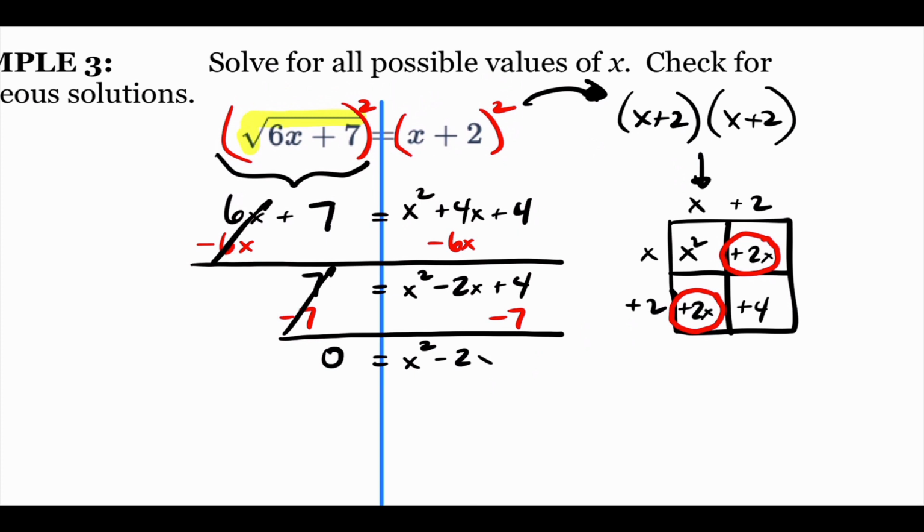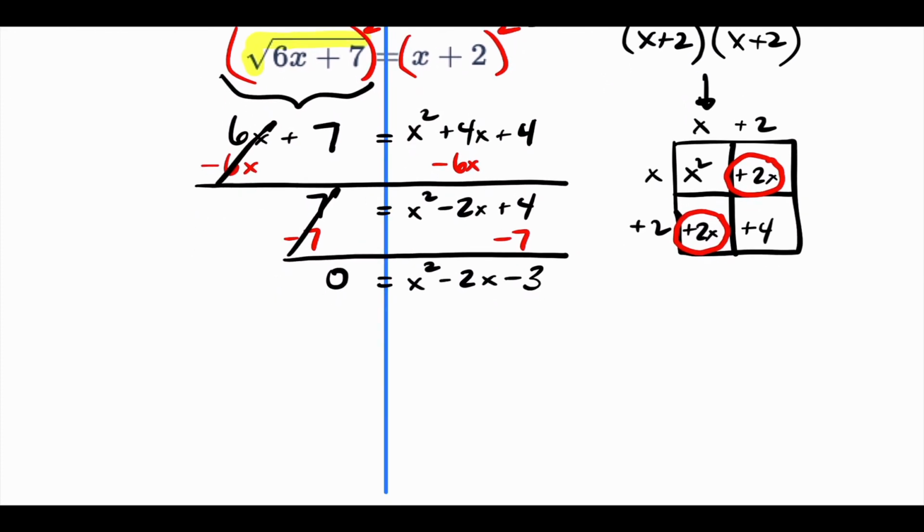It's got 3 parts. Okay. So that was step 1, set it equal to 0. Step 2, GCF. No, it doesn't look like it has a GCF. Step 3, ABC. B is going to be negative 2. C is going to be negative 3.